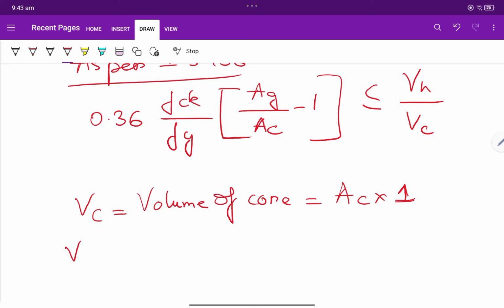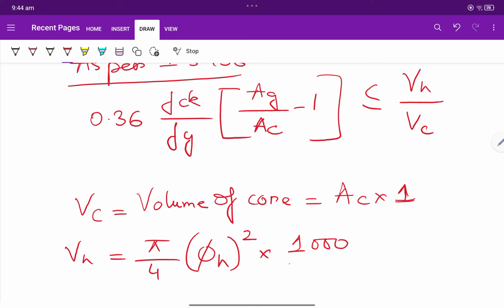And Vh, the volume of the helix, can be found out by pi by 4 into dh square, where dh is the helical dia, into 1000 divided by p, where p is the pitch, and pi dh. So this is the formula.